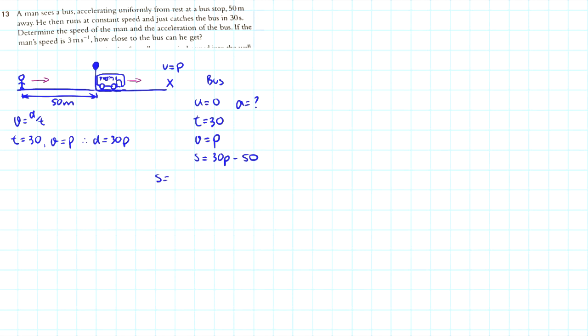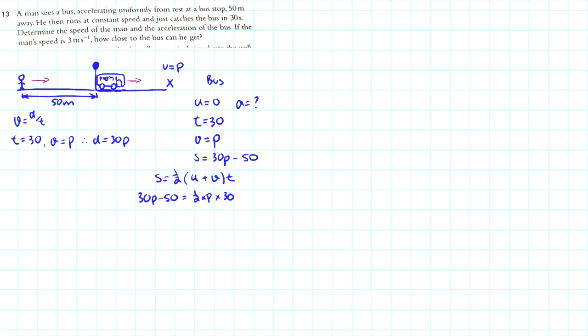So in this case, s is equal to a half of u plus v multiplied by t. We're just using the variables that we have. 30p minus 50 is equal to a half of 0 plus v, that's p, and t is 30.